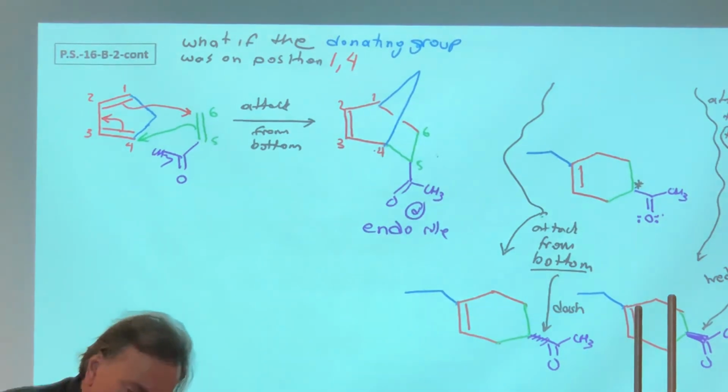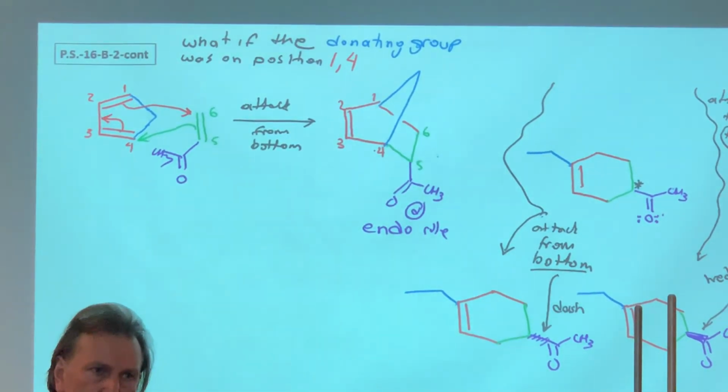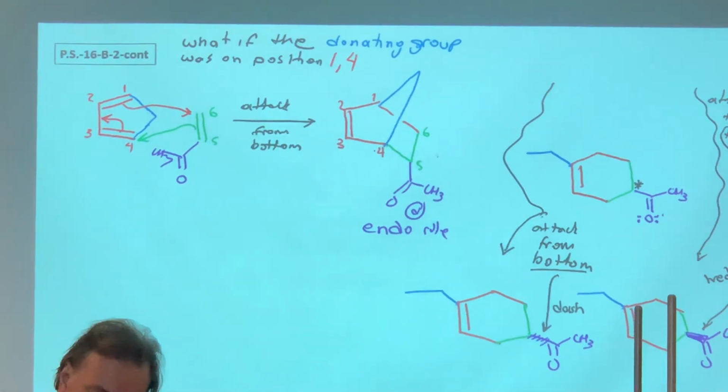Okay? And when you do this, if you now want to put wedges and dashes, you can see it here with solid lines. But if you want to put wedges and dashes, here it is. This is a wedge here.